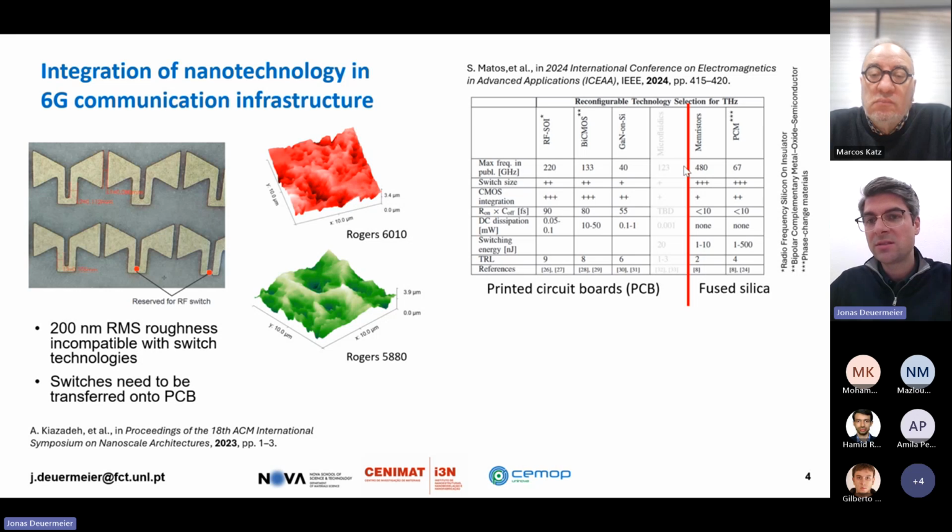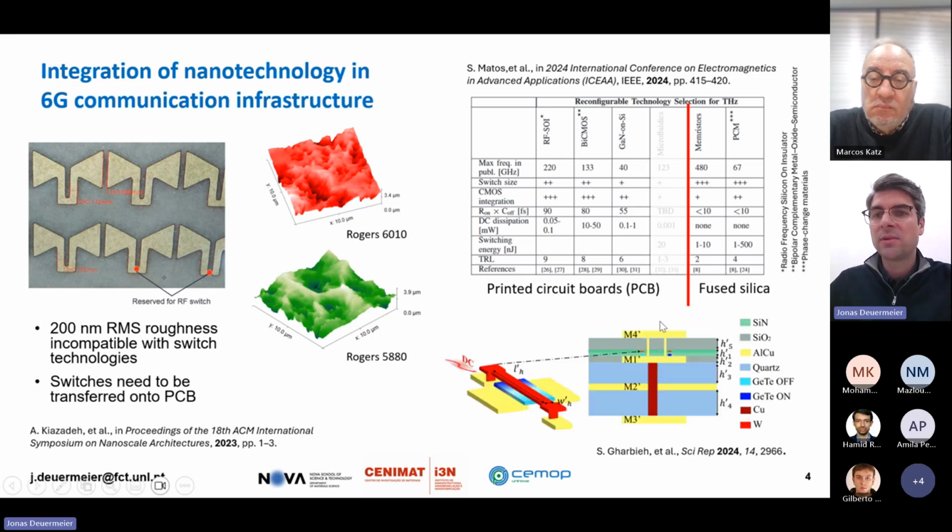And here the separation is also drawn between technologies that are then transferred typically to PCBs and technologies that are grown directly on fused silica, which is another high-frequency substrate that is often used. Here is an example for the phase change materials from a work of partners of the TerraMeta team, although it was already done before the start of the project.